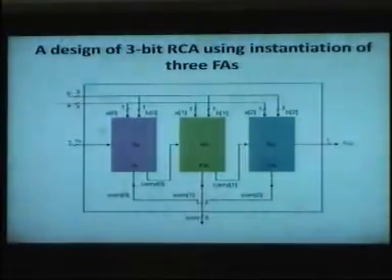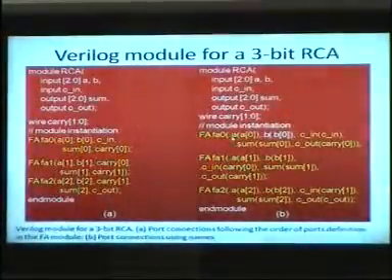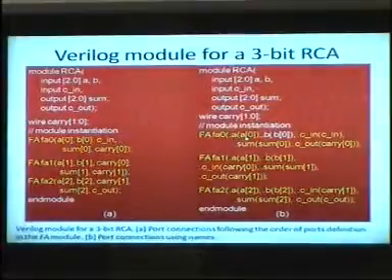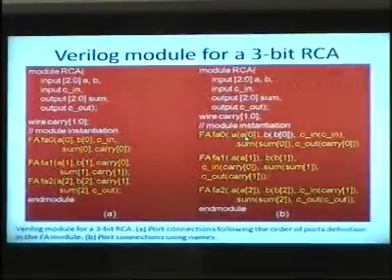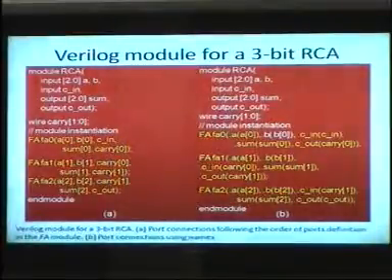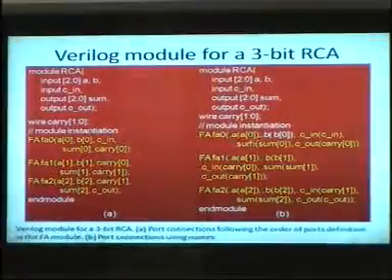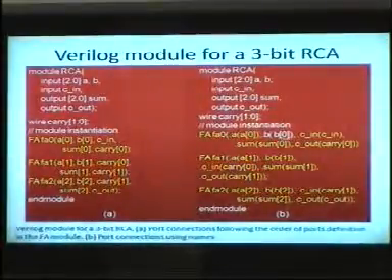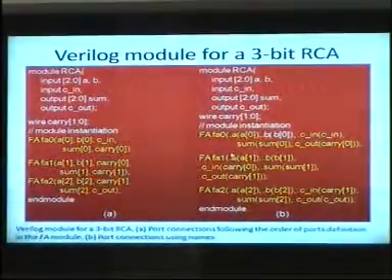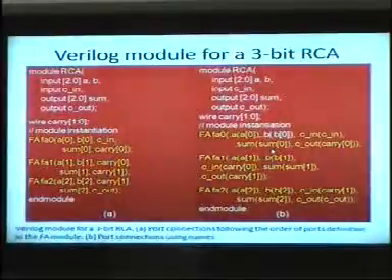So the first instance has inputs A0, B0, A1, B1, A2, B2. So one way is that you put a dot, the actual port name, and the name which you are using in the current instance. This is an easier, more convenient, more comprehensible way of instantiating a module: you put a dot, write the name, dot, write the name, dot, write the name of your inputs, and dot sum, then this is the actual sum 0.